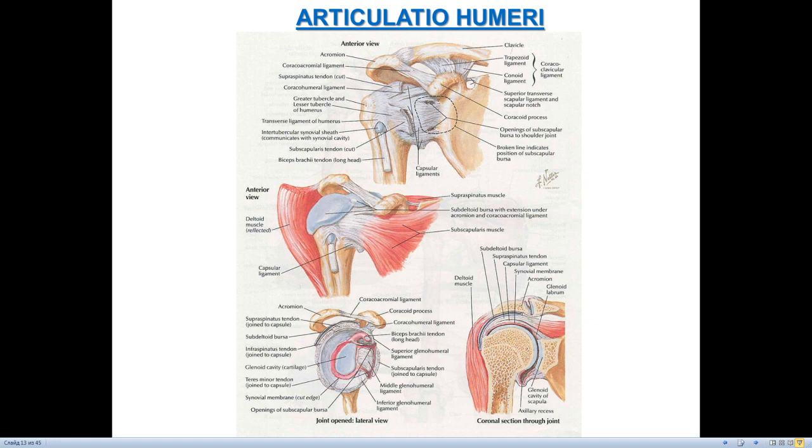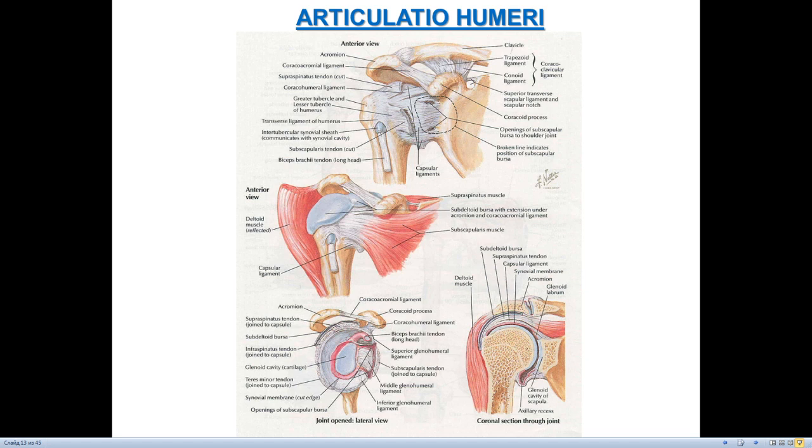The joint bursa of the shoulder joint surrounds the head of the humerus and finishes on its anatomical neck. Articular capsule is reinforced by some ligaments.